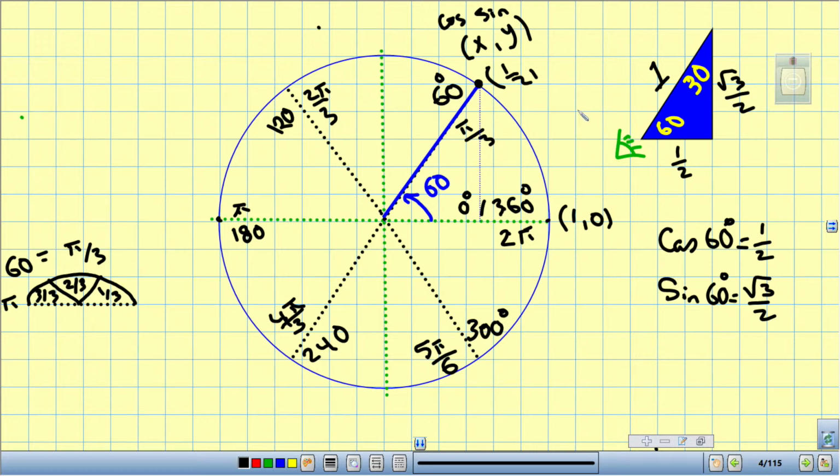If cosine is 1/2, what would be the sine? Champions? I've got cosine of 1/2. What is sine 60? That's the one I need to fill out here. What is that amount?